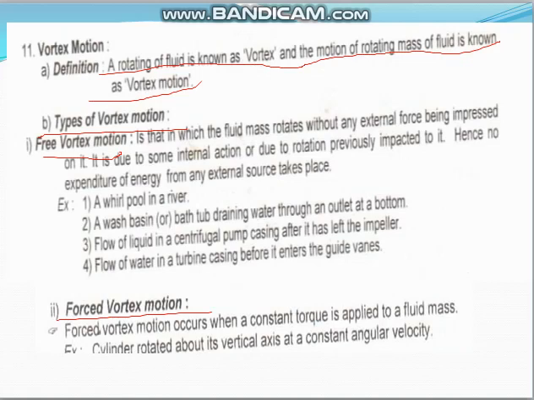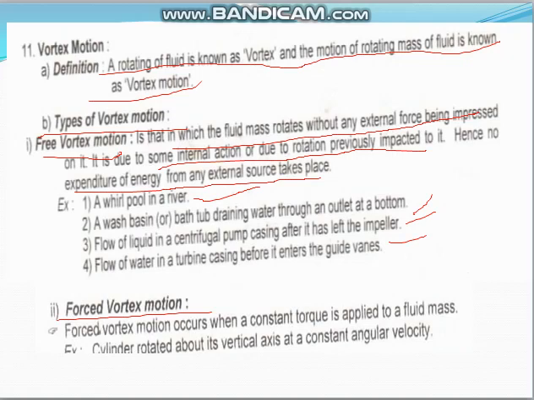In free vortex motion, the fluid mass rotates without any external force being impressed on it, due to some internal action or due to rotation previously imparted to it. Hence, no expenditure of energy from any external source takes place. Examples are a whirlpool in a river and the flow of liquid in a wash basin.